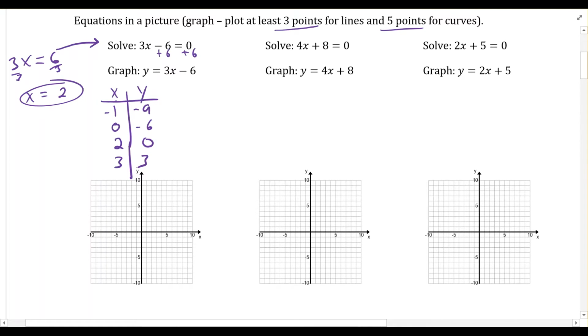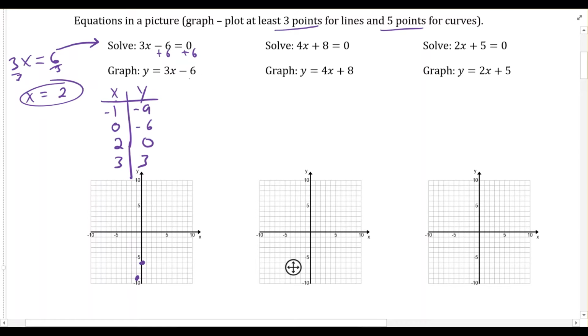Okay, so now we can plot these things. Let's go down here and plot these 4 points. So x is -1, so I'm going to go over 1 on my chart and then down 9. Our first point is right there. When x is 0, y is -6, so right there.